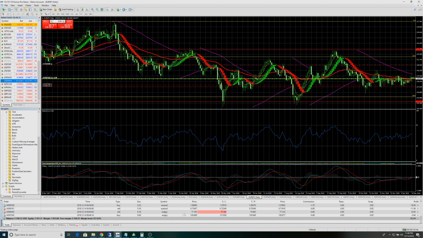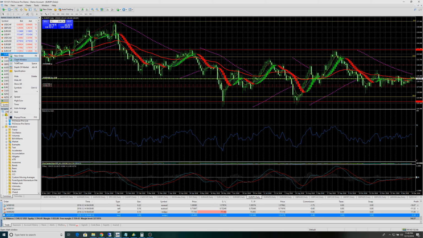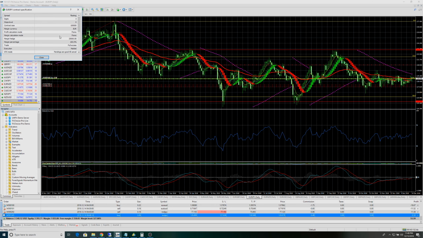And if you come down here and look, there's your JPY. Ran long. Bought 0.06 units, and that comes out to about 6,000 contracts total. The way you can figure that out is you can find your currency pair, your JPY, and you right click on it, go to specification.